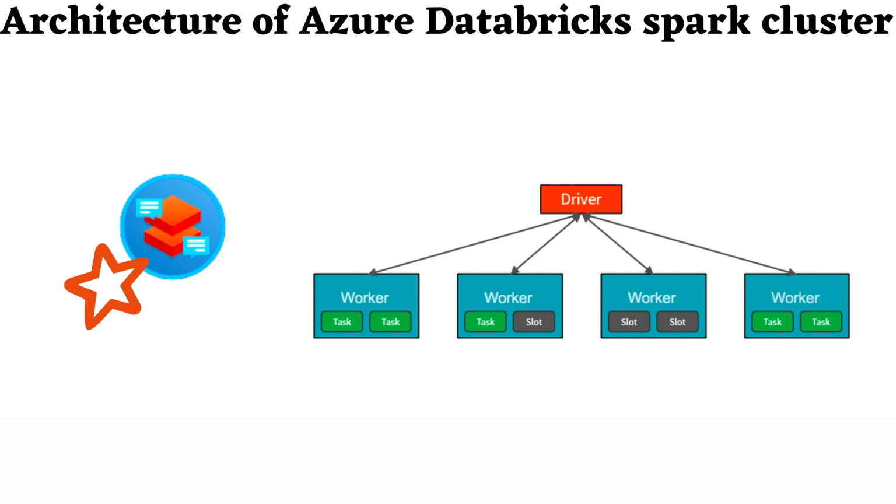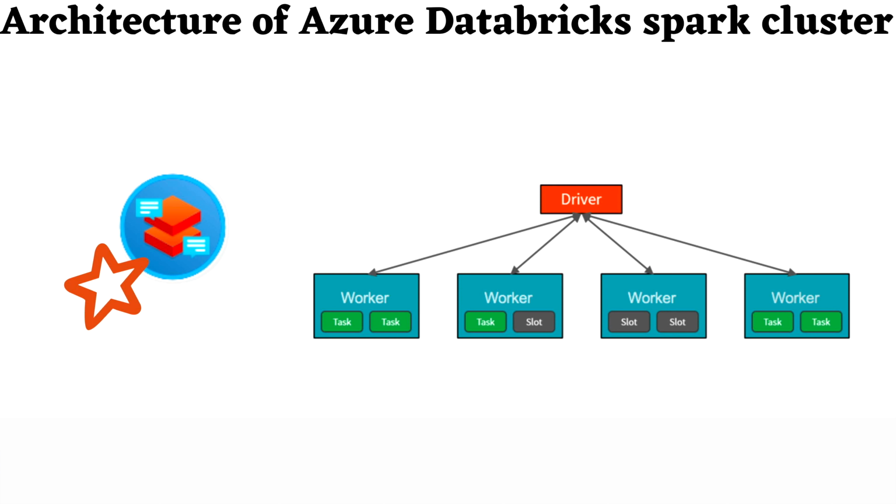In Databricks, the notebook interface is the driver program. The driver program contains the main loop for the program and creates distributed datasets on the cluster. Then it applies operations, that means your transformations and other actions, to the datasets. Microsoft Azure manages the cluster and auto-scales it as needed based on your usage and the settings used when configuring the cluster.